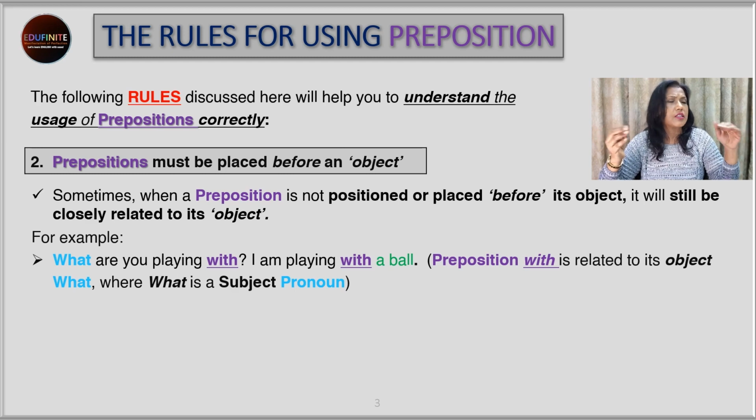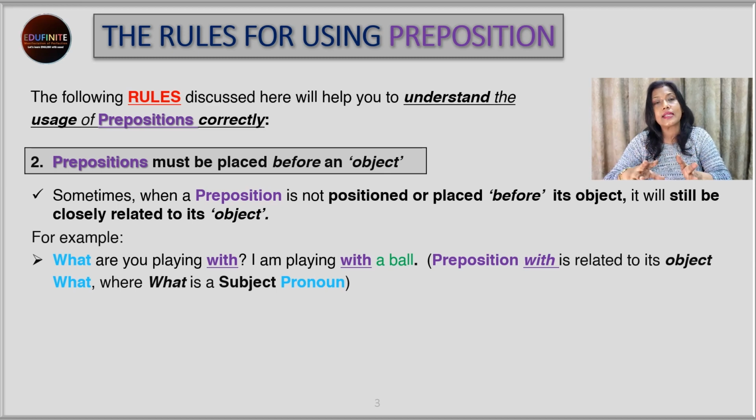Suppose maybe a small child is playing with something which I can't see. Maybe he has turned his back towards me and he's playing with something and I haven't seen what he is playing with. So I ask him the question, what are you playing with? And what will he answer me? I'm playing with a ball. So in this answer, you see, with a ball.